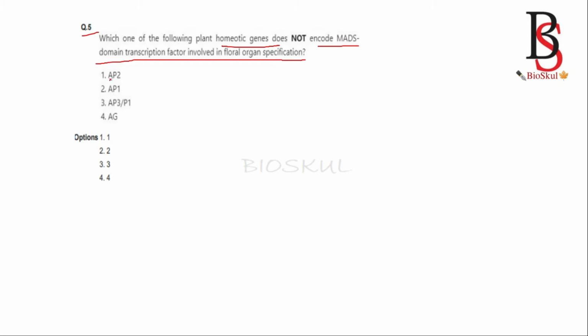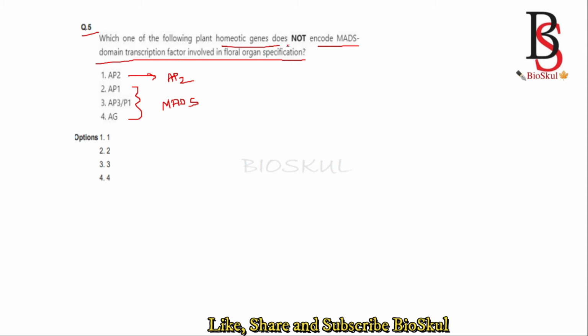So AP1, AP3, PI and AG belong to the homeotic genes that encode the MADS domain transcription factors, and AP2 belongs to the AP2 domain transcription factor. So the plant homeotic gene that does not encode MADS domain transcription factor is AP2. The correct answer is option 1.